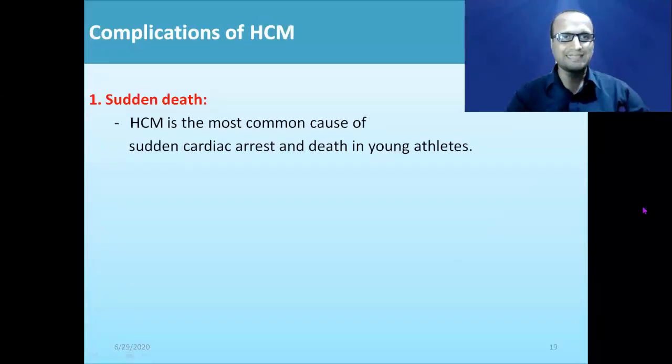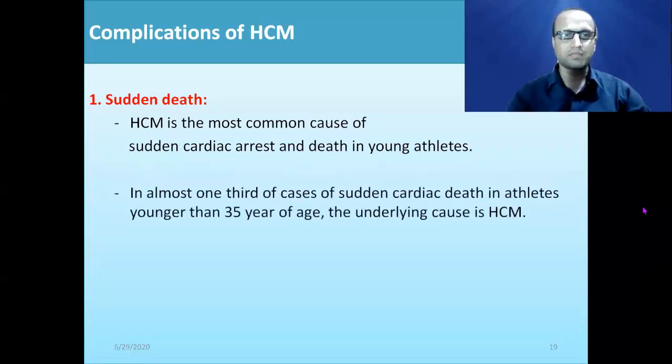Now let's study the complications of HCM. Sudden death. HCM is the most common cause of sudden cardiac arrest and death in young athletes. In almost 1/3 of cases of sudden cardiac death in athletes younger than 35 years of age, the underlying cause is HCM.